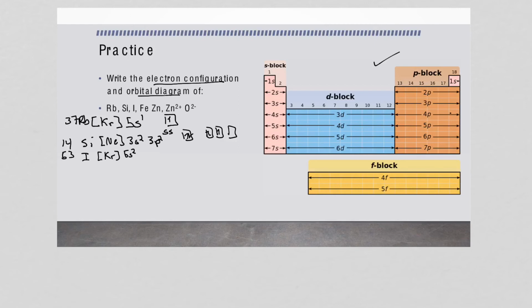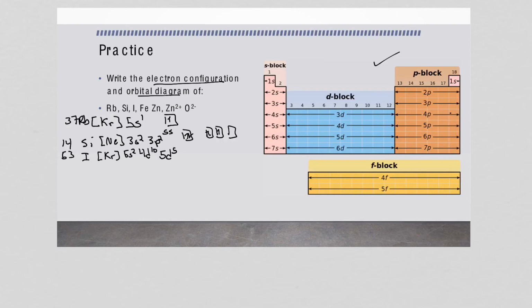And then after 5s comes 4d, which can have 10. So now we're at 48. And then we go to 5p, and we can have 5p5. And so that's the 53 electrons of iodine.